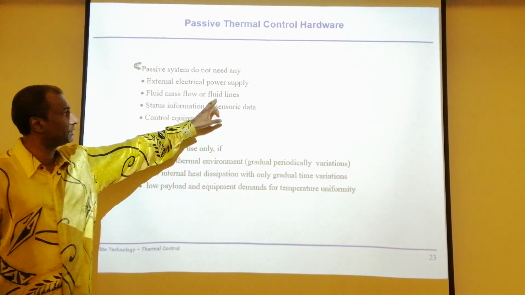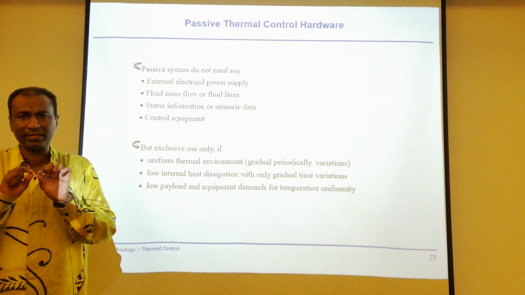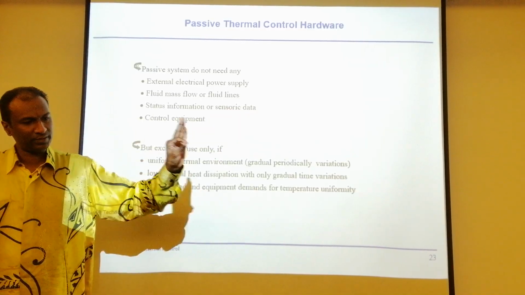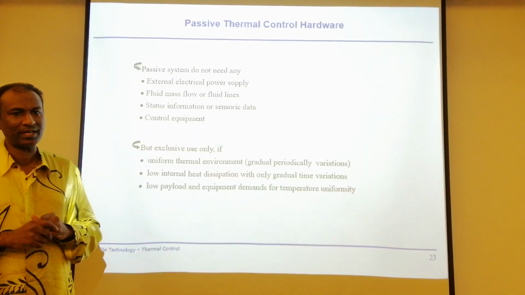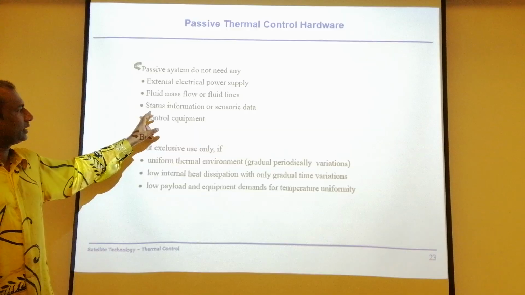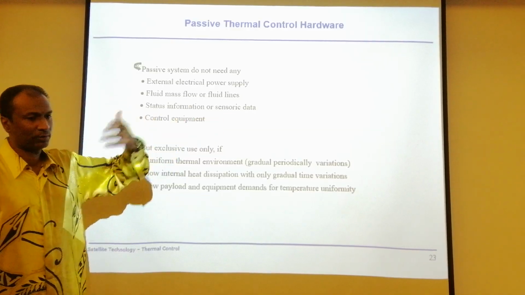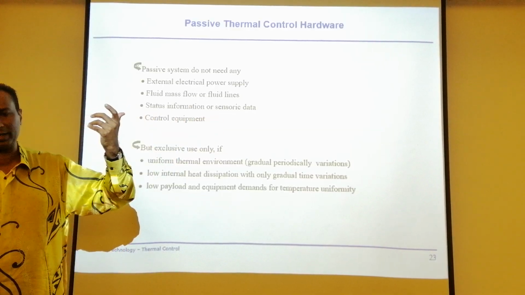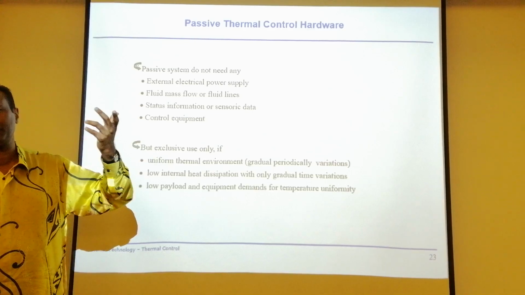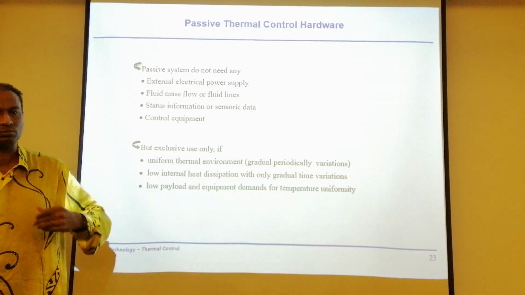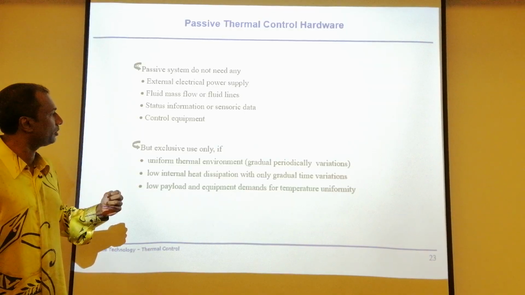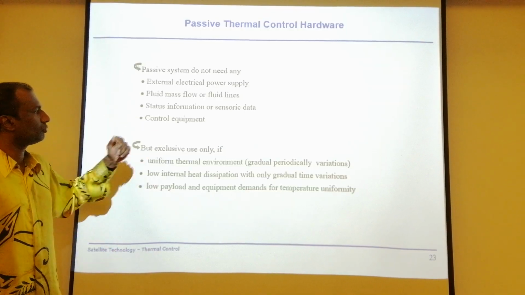But fluid lines, you have just like the heat pipes. You have thin loops looping just to reject the heat. You will see that as well. Status, there is sensing. Normally you have a thermometer. Technically, you should have thermometers to look at the actual temperature, to monitor it, and control equipment.